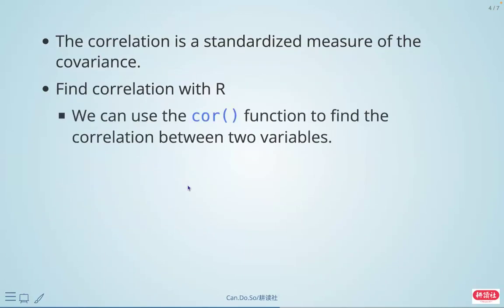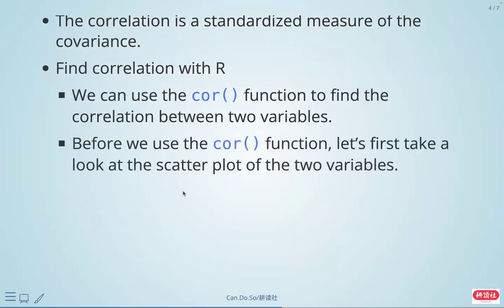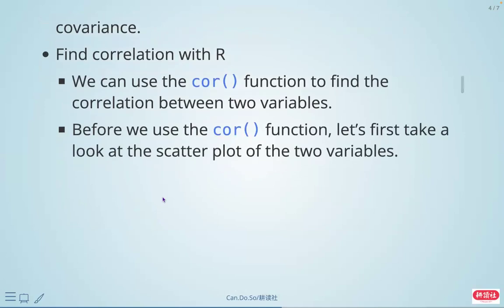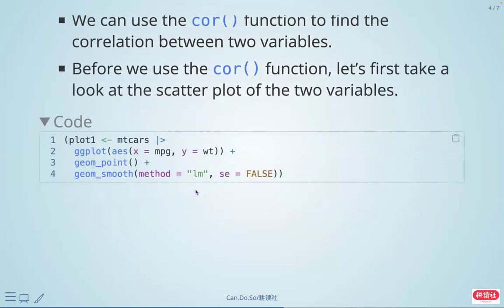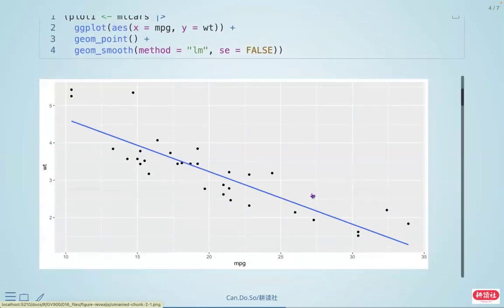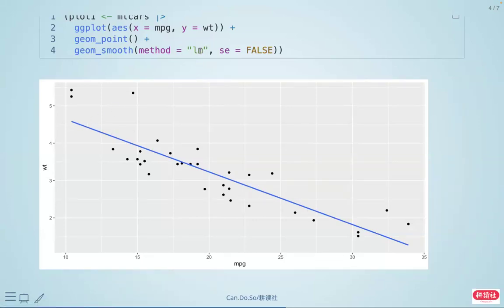So now we can find correlation with R. But before we use the correlation function, let's first take a look at the scatter plot of the two variables. Let's use mtcars, mpg and wt as an example. The blue line is a linear model's regression line.